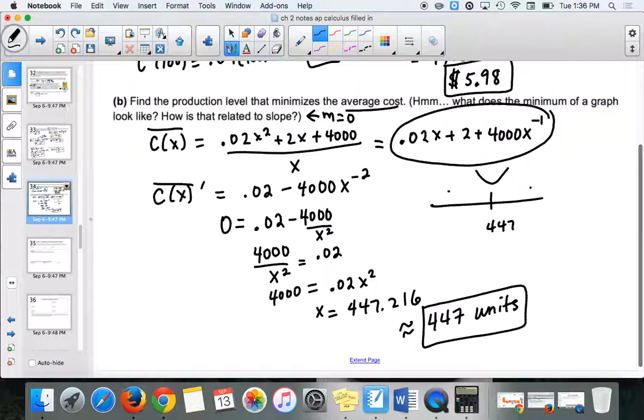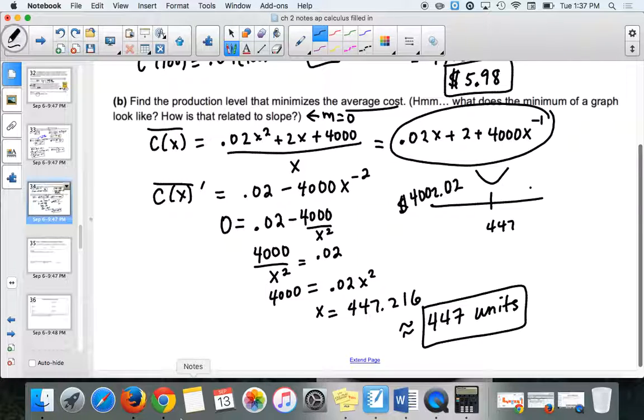So if I plug in 1 into my C bar function, I get 0.02 plus 2 plus 4,000 times 1 to the negative 1, which is 1. So I'd get $4,002 and 2 cents.